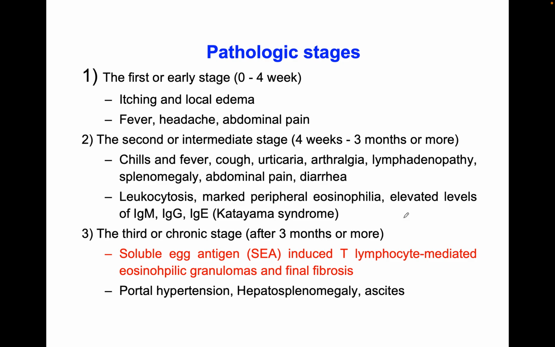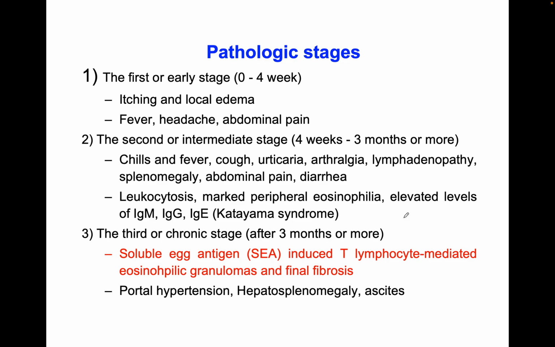And then there is a chronic stage, which is usually after 3 months. This is because the eggs have matured, and there is a soluble egg antigen, also called SEA.